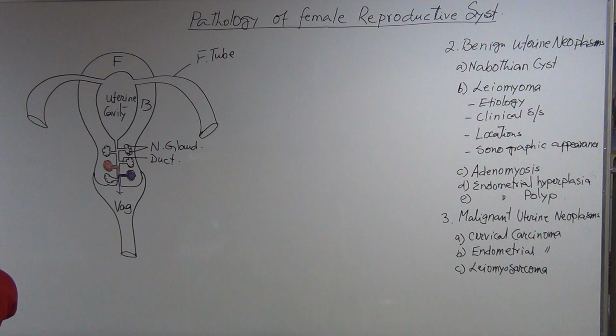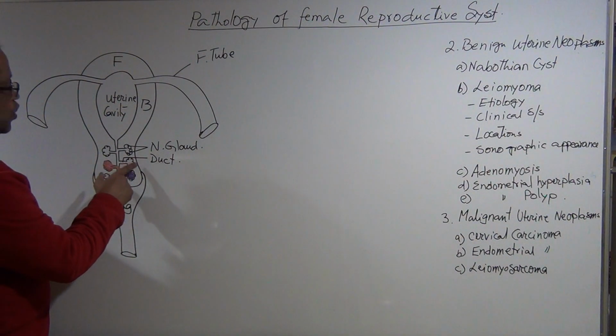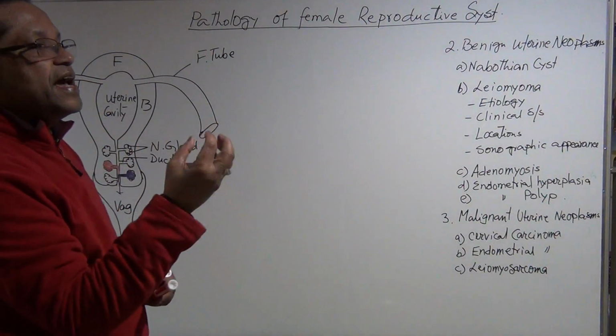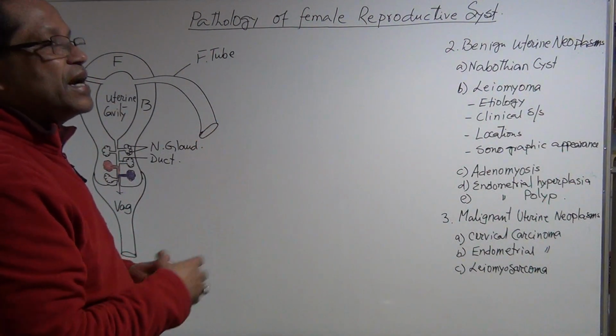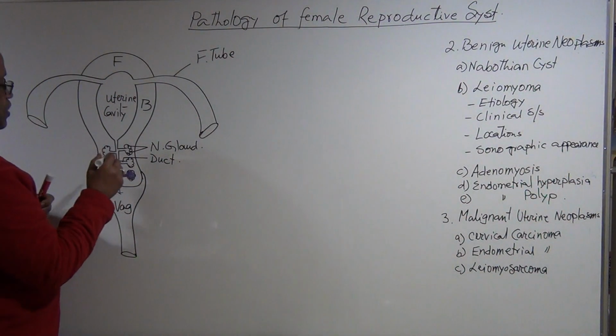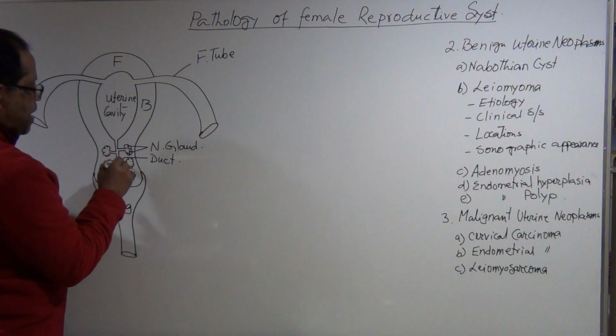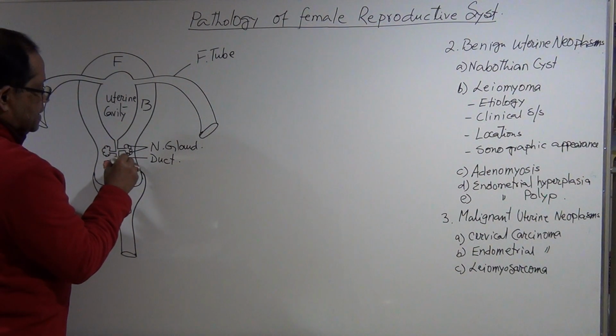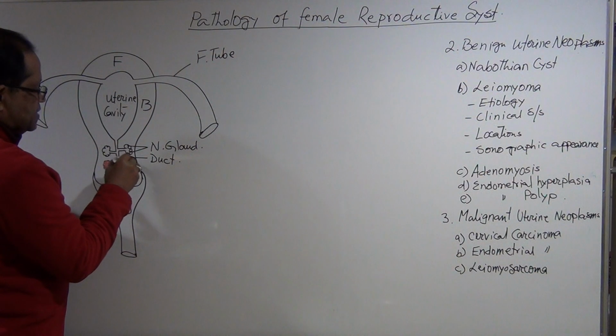There will be backup of the fluid, and the fluid will go into the cystic area, into the glandular area. So when it goes into the glandular area, then what's going to happen? There will be backup, and there will be an anechoic area, and it is bigger.